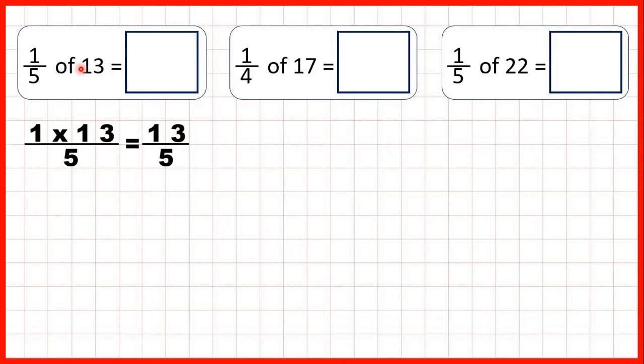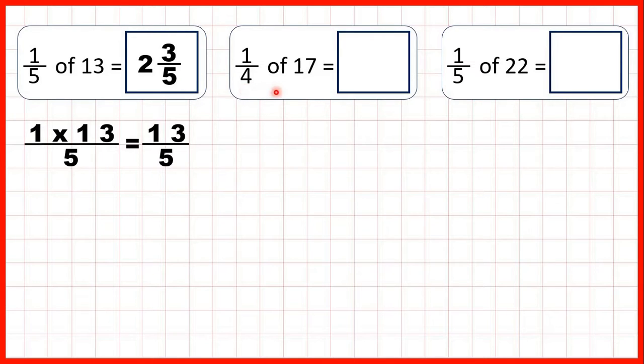So we're doing the same thing, dividing by the denominator, but we've just represented that division as a fraction. So 13 divided by 5 is 2 remainder 3, and the denominator stays the same. So 1/5 of 13 is 2 and 3/5.